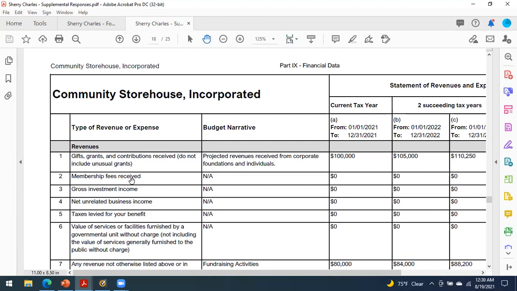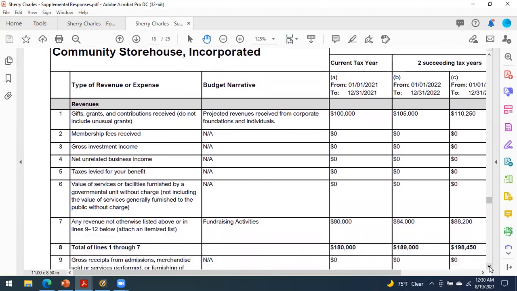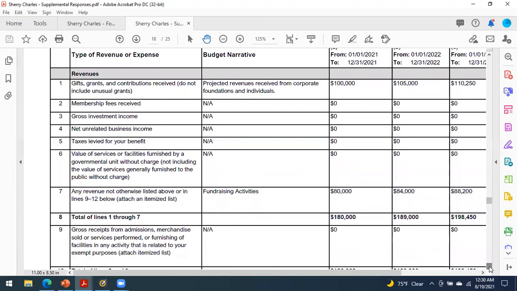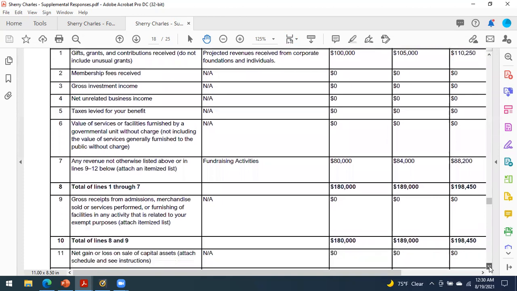And this document is your financial data. Now, this is the same document that we looked at in the Form 1023. However, I added an additional column called a budget narrative to explain different parts of the financial data that may not be easily understood.